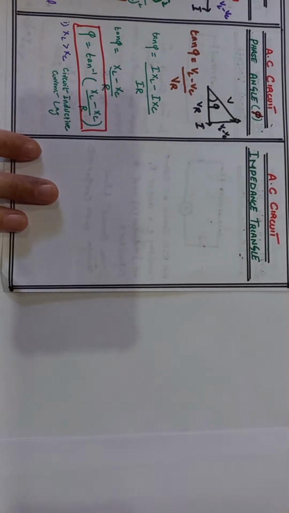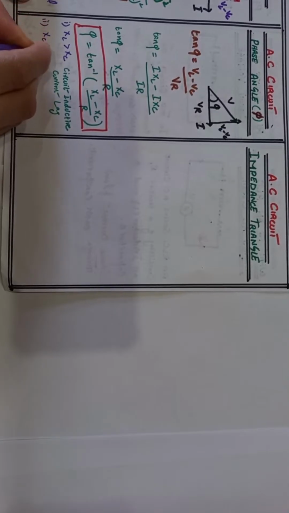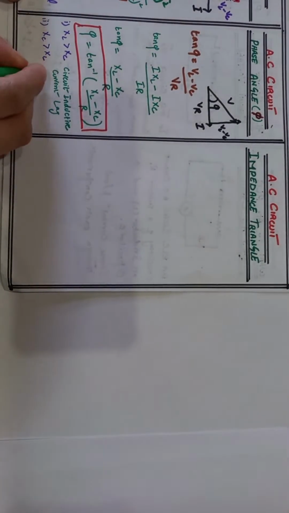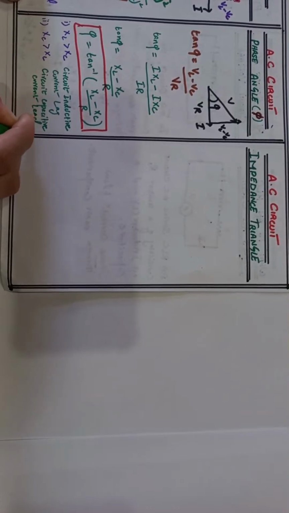Second case, when the capacitive reactance is greater than the inductive reactance, the circuit is capacitive and the current leads.